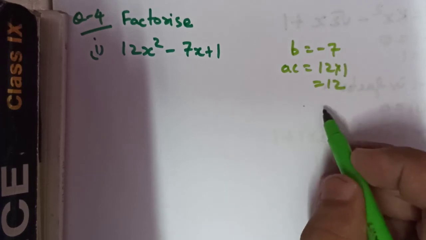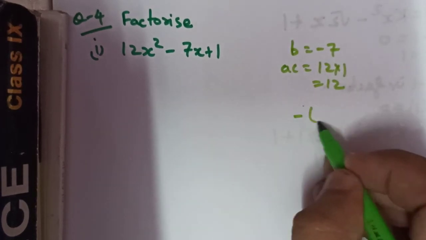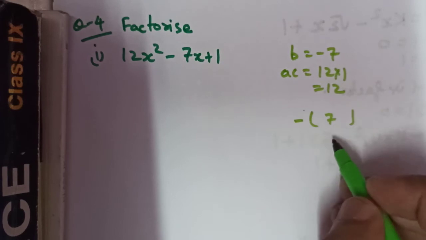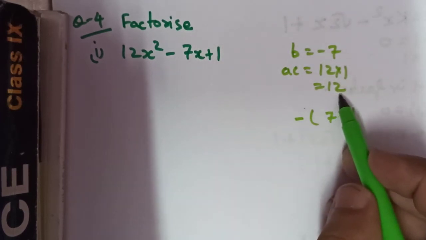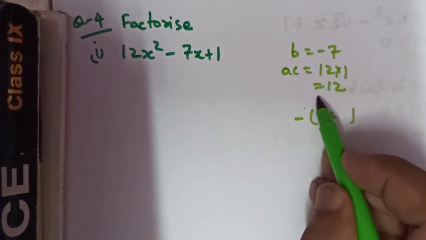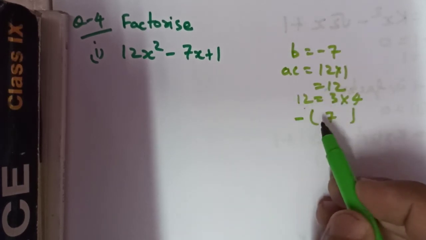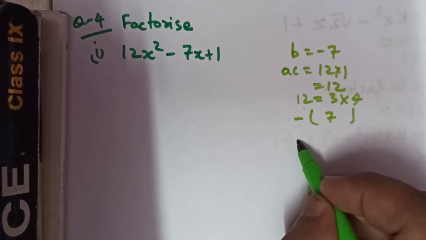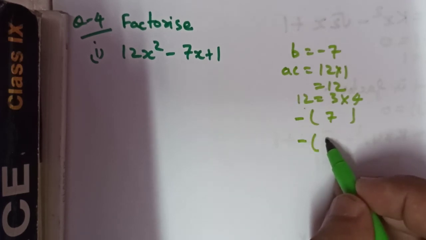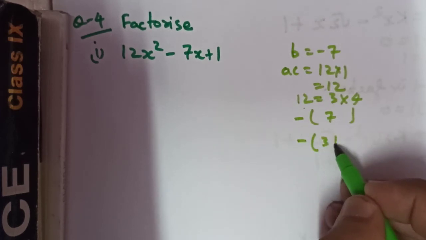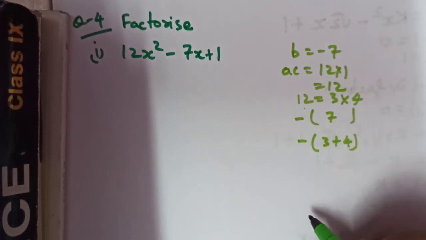So −7 can be written as −(7), and if we take out the factors of 12, 12 can be written as 3 into 4. 3 into 4 equals 12. If we take the minus sign out of the bracket and add plus 3 and plus 4, we will get the value 7.